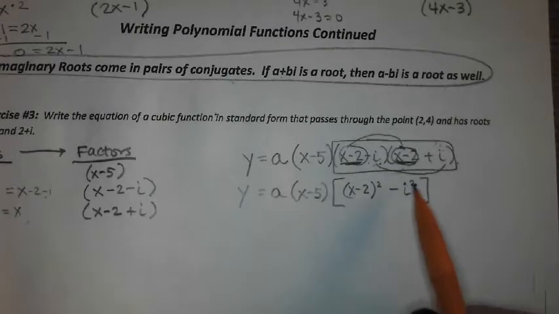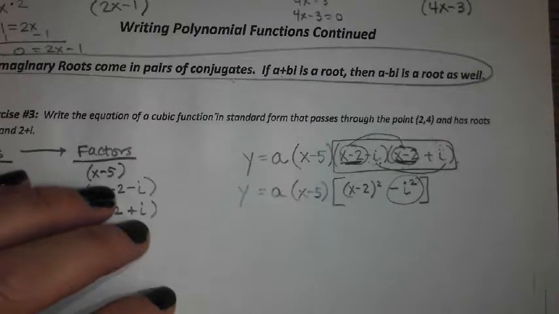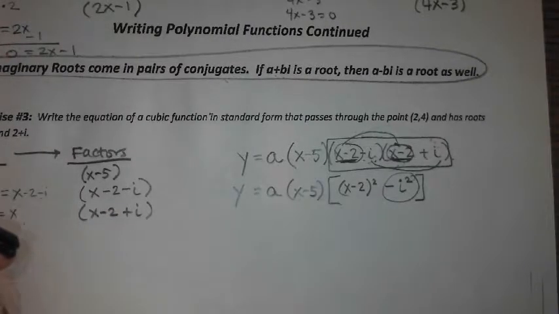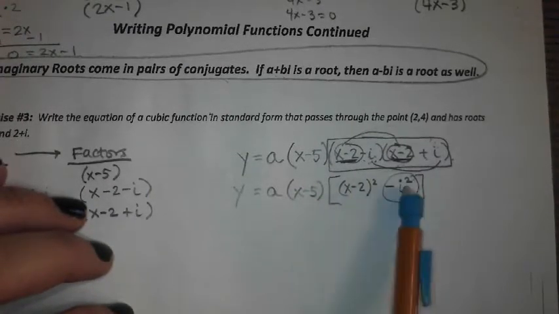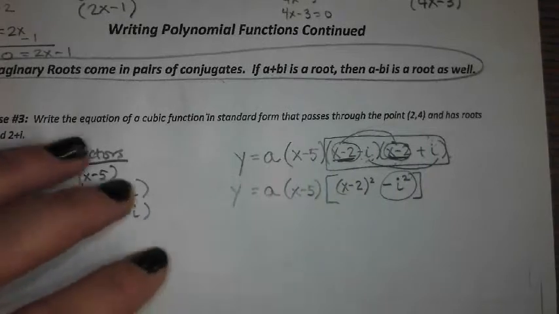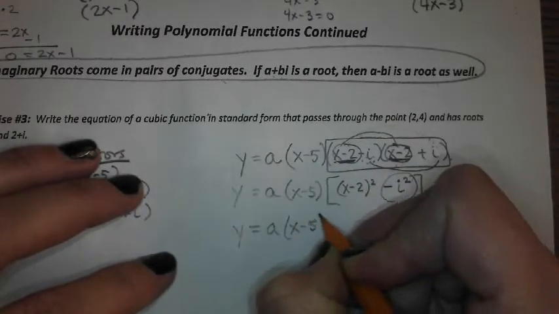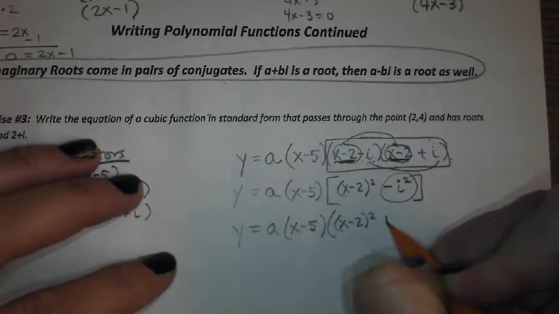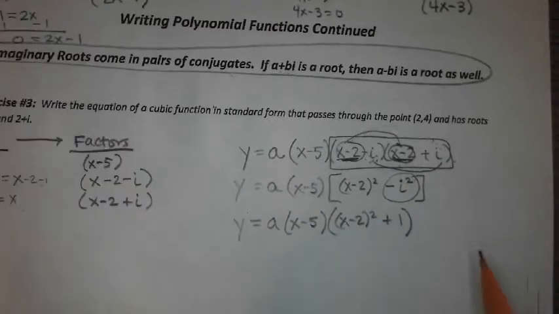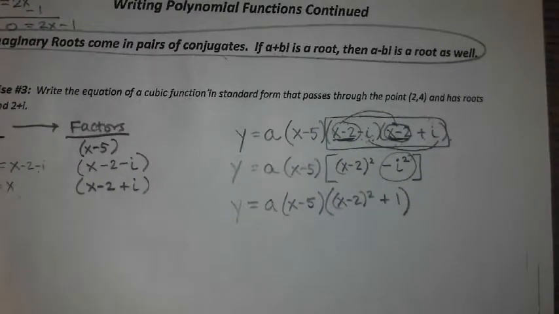And what happens to this? What's negative i squared the same as? Minus negative 1. Right, minus negative 1 is going to be plus 1. So y equals a times x minus 5 times x minus 2 squared plus 1. Are you with me?